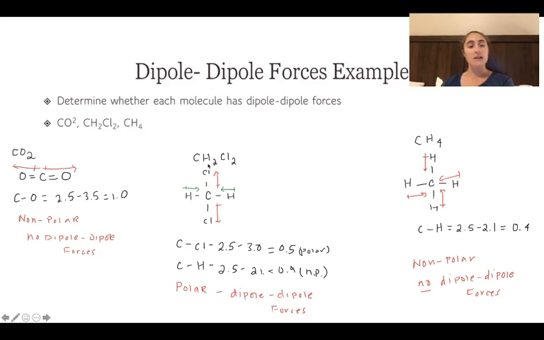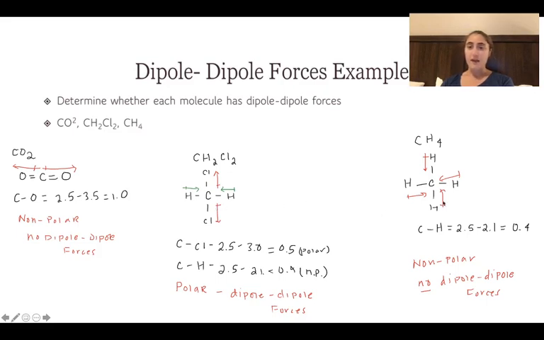Now, if we look at CH2Cl2, these don't all cancel each other out, so we end up with a net polarity that we can calculate. So we do have a polar molecule here, which means we do have dipole-dipole forces present. When these line up, the slightly negative end will attach to a slightly positive end.